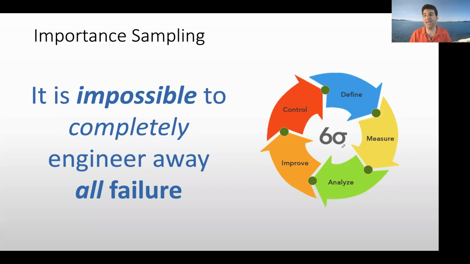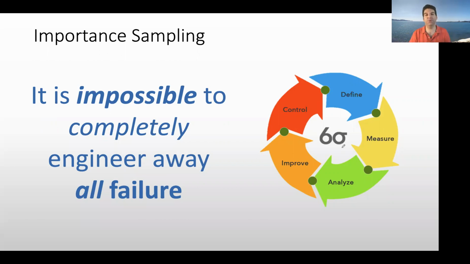If I had a way to generate 8 Sigma, a Six Sigma black belt would ask, why are you spending money on 8 Sigma when you can do 6 Sigma instead? So there's this question of how bad things are, and whether I need to put effort into making them better, or whether they are good enough where they are.